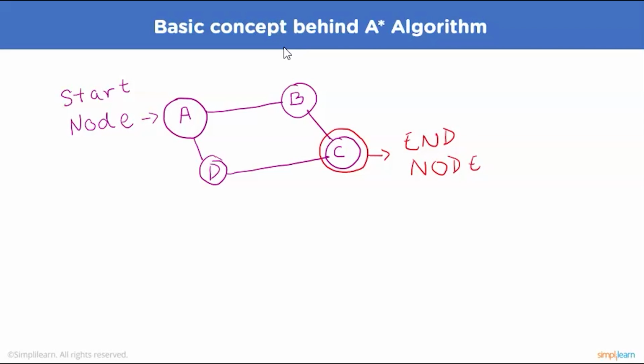So now we know that we have to go from this node A all the way to this node C. In this case, it becomes very easy. I can either go from A to B to C or from A to D to C. But how do I know which path is the most optimum path or the path which has the least cost?